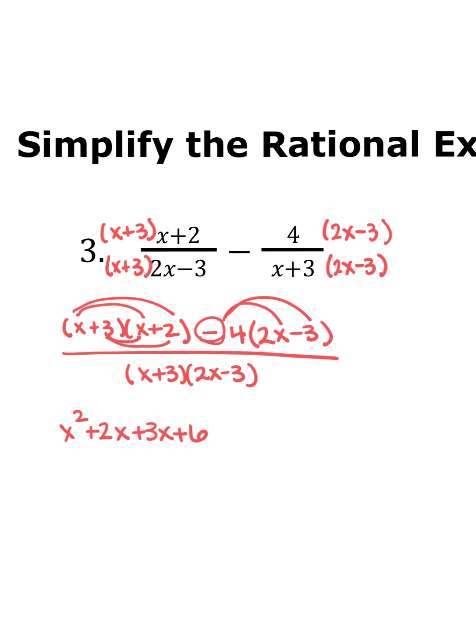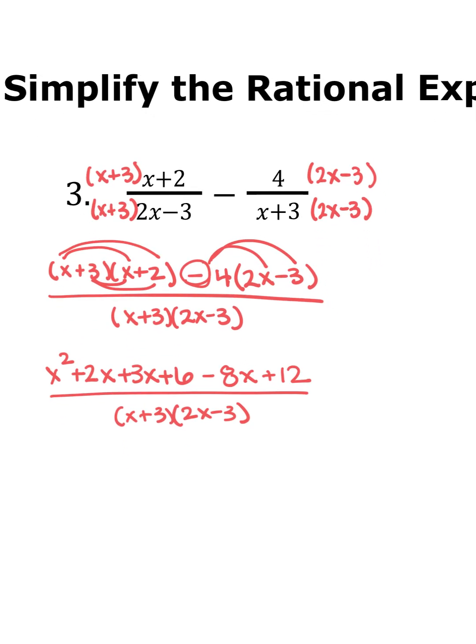That ends up turning that to a negative whatever that you have to distribute in, remember, just like yesterday. So I'm going to get negative 8x and positive 12. And that's all still going to be over the x plus 3, 2x minus 3. I don't want to redistribute that because then I'm just going to factor it back out again, and that's just going back and forth, and I don't want to do that.